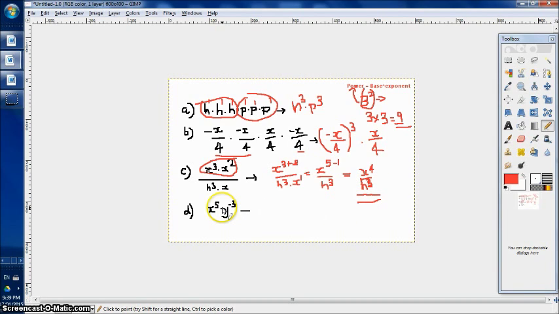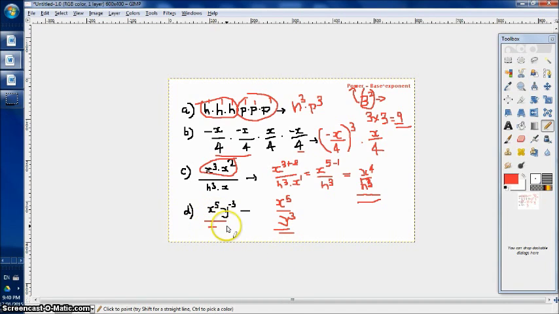So when we're multiplying bases with exponents, all we're doing is adding the exponents with like terms. So I know that the answer will be h cubed times p cubed.